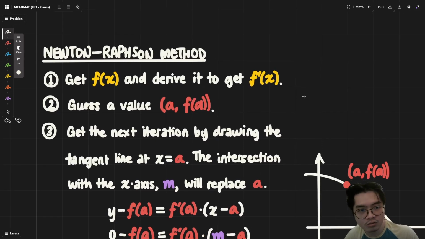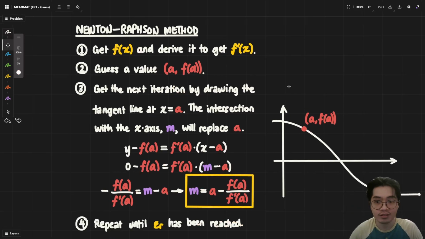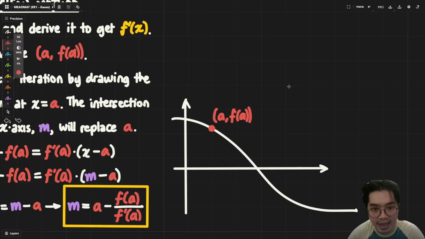So in the Newton-Raphson method, you're going to get your original function, and you're going to derive it to get f prime of x, and you're just going to guess a certain value a, and if you substitute it to your original equation, you will get f of a. And then you will get the next iteration by drawing the tangent line at that point a.